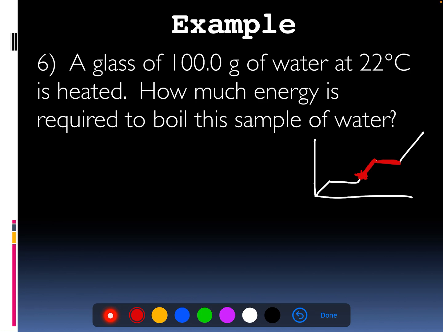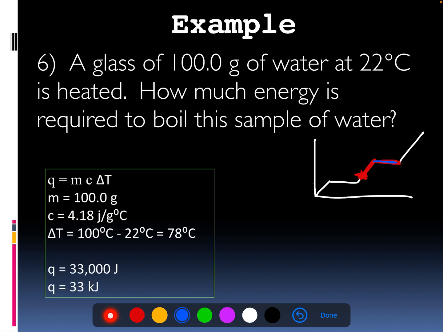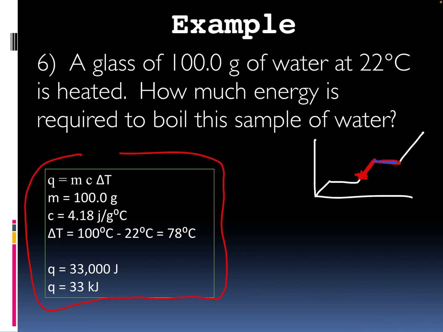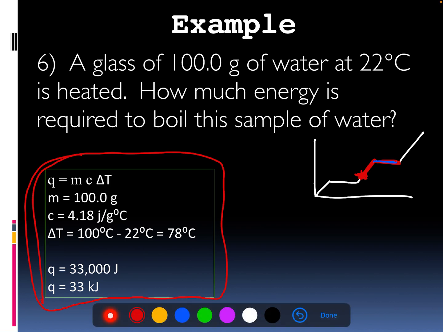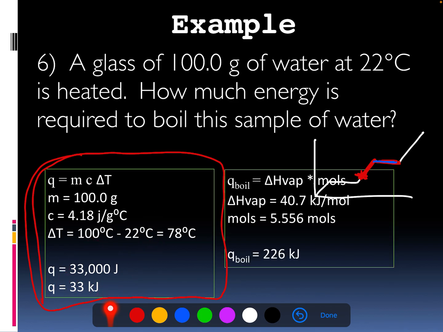First, Q equals MC delta T, and then the one we just talked about, the heat of vaporization. So here's my Q equals MC delta T portion, right? That's the amount of energy it takes to heat the water. 100 grams of water. C, this is water, 4.18 joules. The temperature change is from 22 degrees Celsius to 100. This is how much energy it takes to heat it.